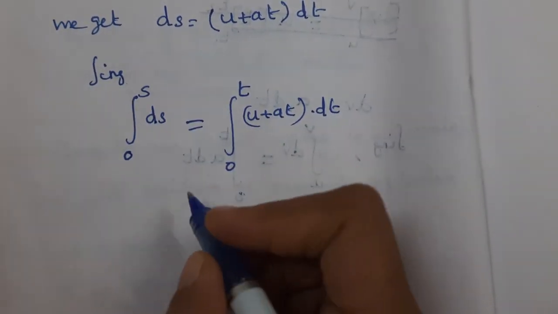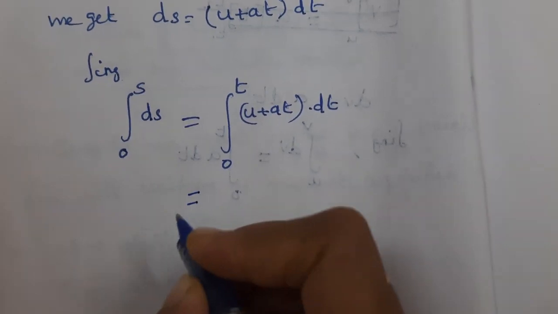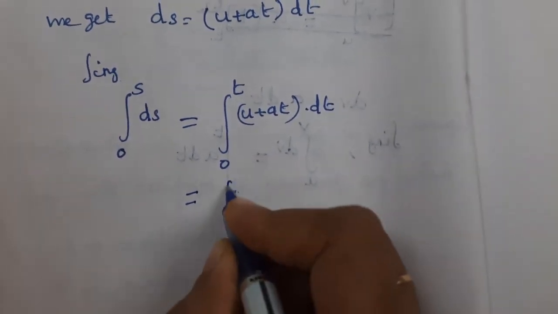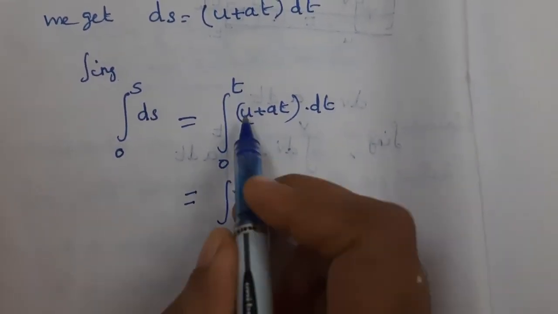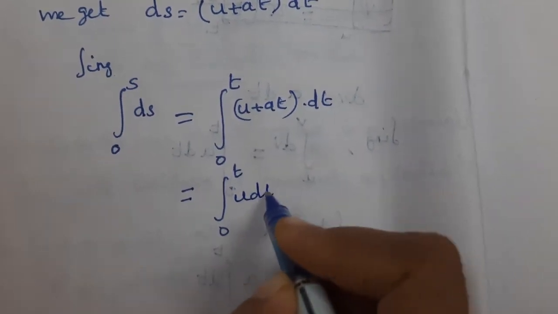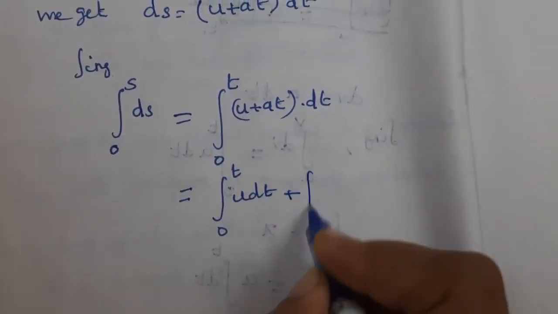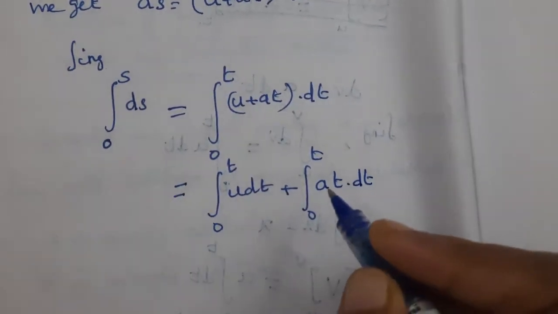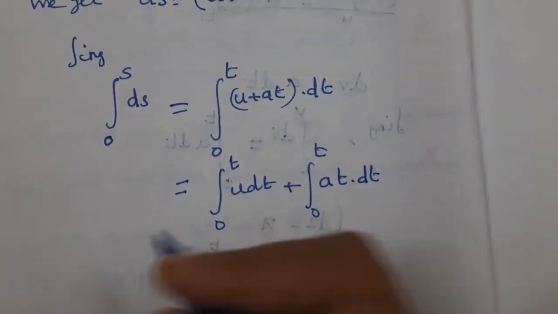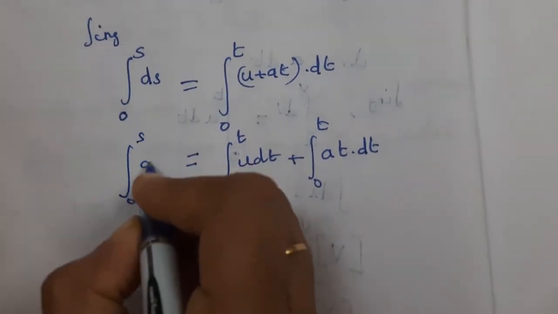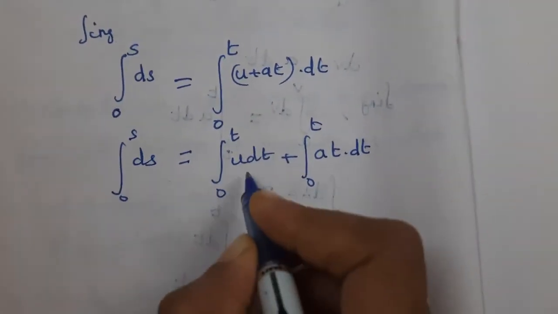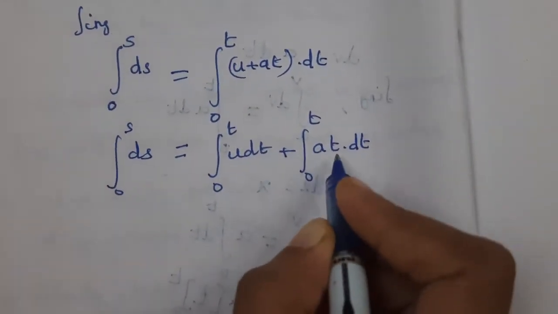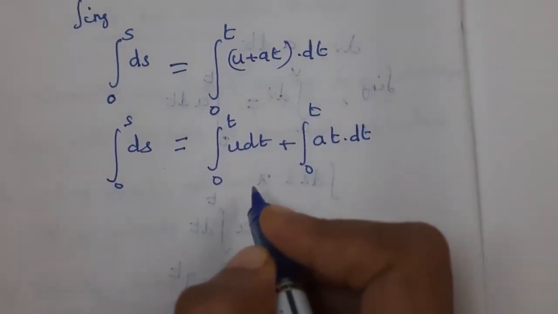Are you able to follow, students? Next, this can be written as integral 0 to t u dt plus integral 0 to t at dt.